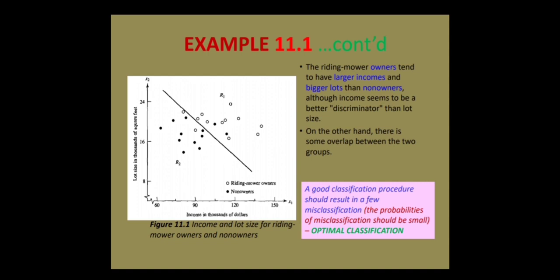Because if we look here, from this income we can be more confident that riding mower owners have a larger income than the non-owners of the mower. But there is some overlap between the two groups, which is this plot here.